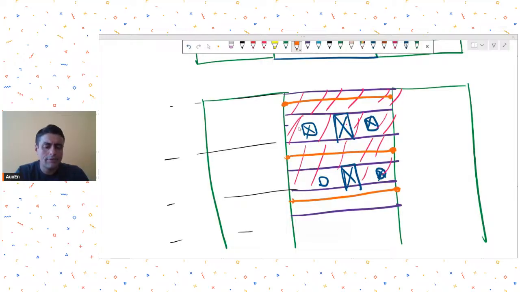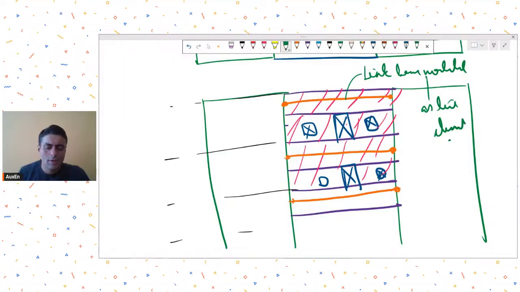So I would say, to save time and for practical considerations, I would suggest you go for link beams modeled as line elements. It does not lead to substantial variation in the results.